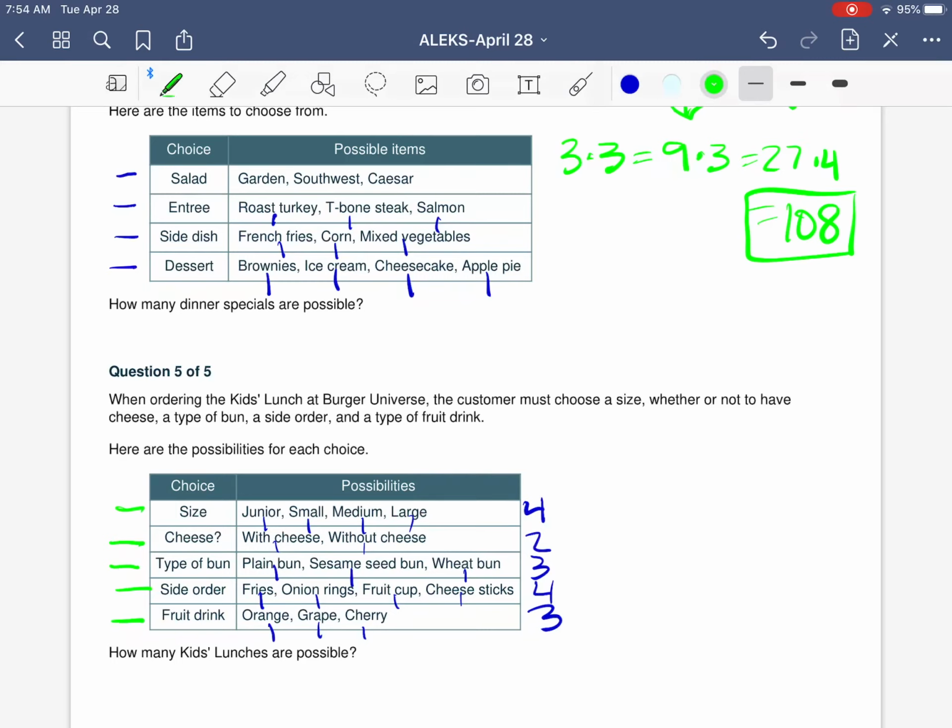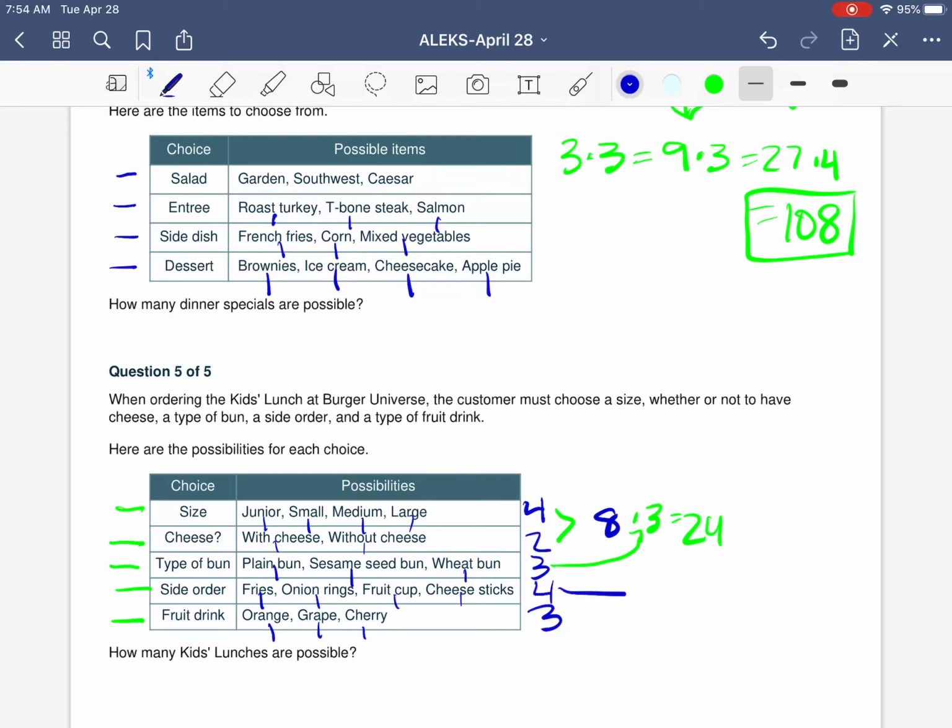So first of all, we want to take the 4 times the 2, which is 8. Then I'm going to multiply it by that 3, which is 8 times 3 is 24.